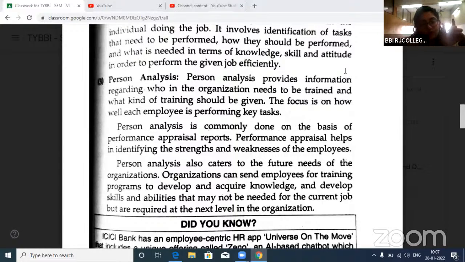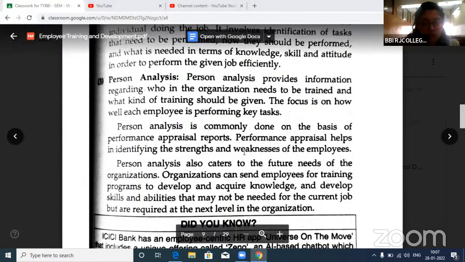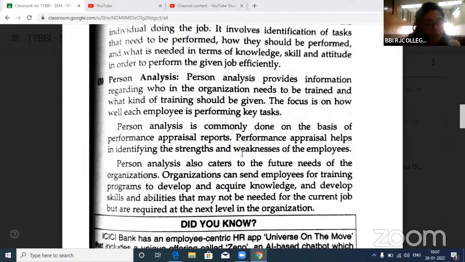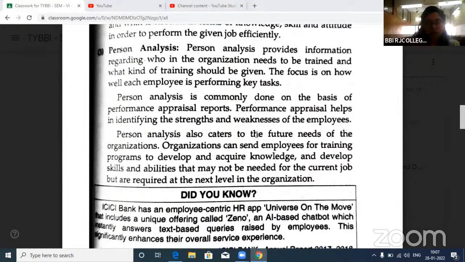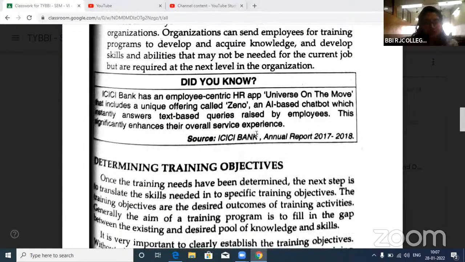According to the person and their skills, the organization gives you training. Suppose you already have a good knowledge of computers, now the company will give you more training about how to use different software. So that was person analysis.